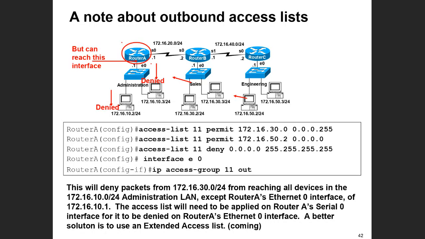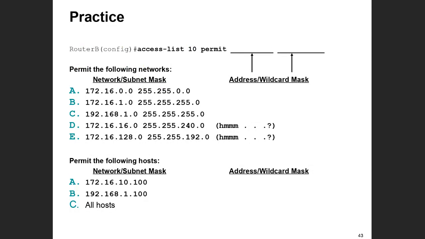We're going to use a better process coming up a little bit. We're going to use extended access control lists, because the standard list can only filter on source addresses. So we have to put it really far away from the devices that are giving us problems so that it can protect the server being protected. And all the traffic crosses the company WAN network at great expense and then gets dropped. So extended access control lists are a better solution.